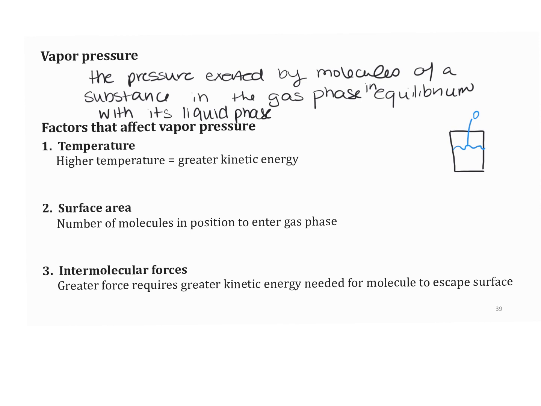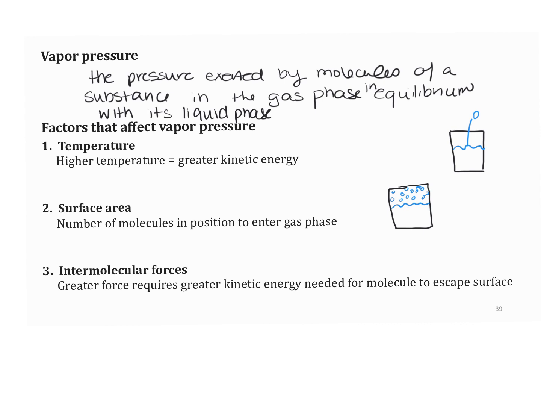And when we look at vapor pressure, let's say this is a closed container, then you're going to have the particles here above, and those particles are hitting the walls of the container, and that is what causes there to be pressure there. Now, there's a few things that can affect vapor pressure.